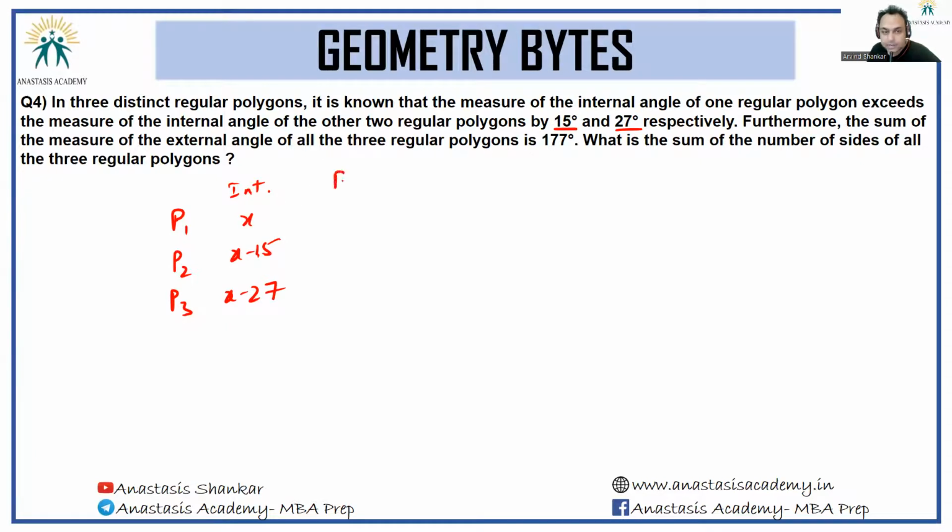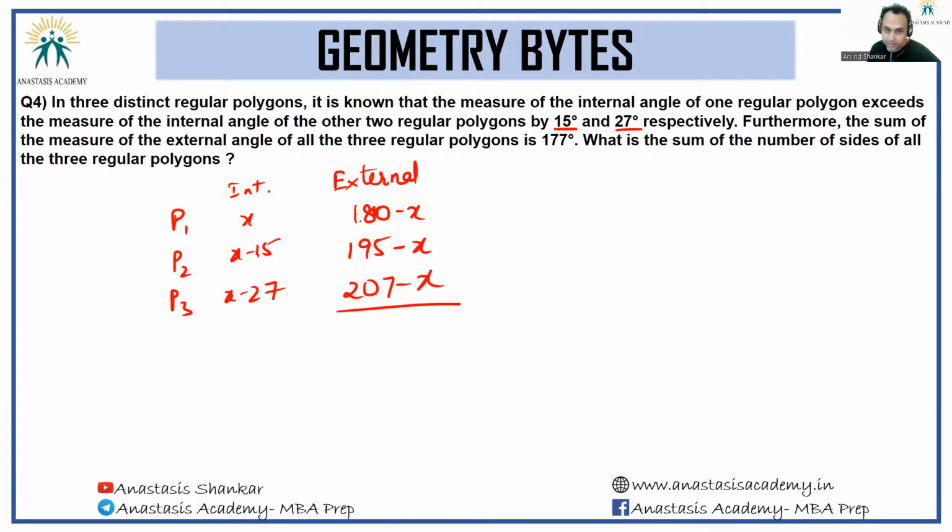If internal angle is this, the external angle would be 180 minus X. 180 minus X minus 15, so plus 15, so 195 minus X. And here 180 minus X plus 27, so 207 minus X. And we've been told this adds up to 177.